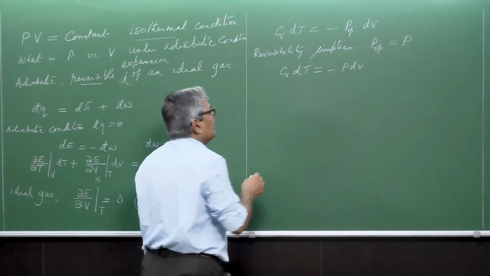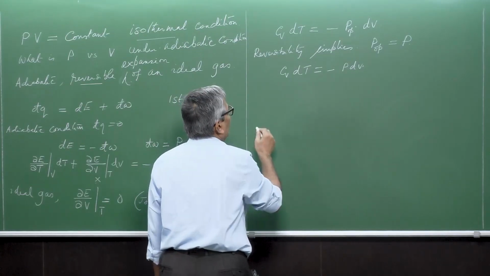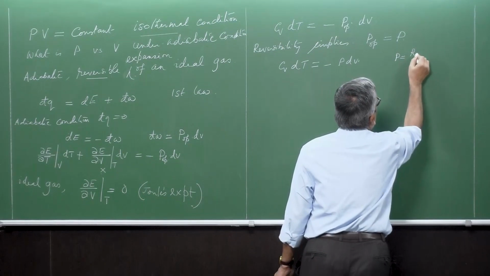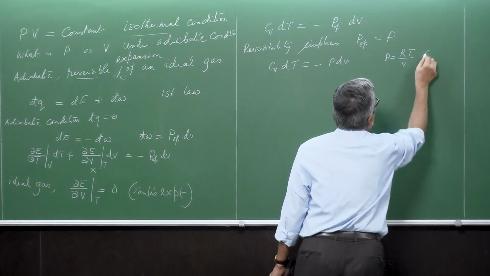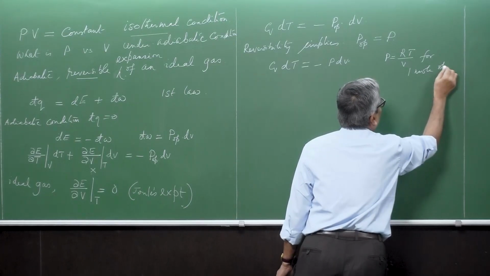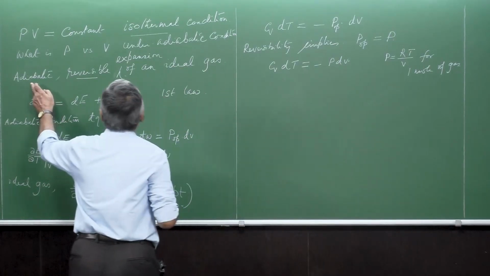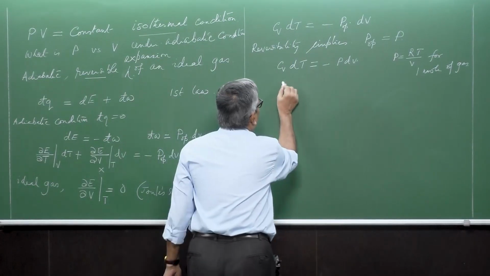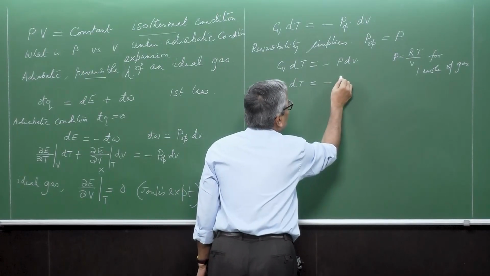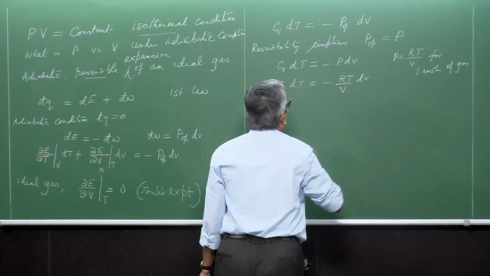And P I can replace because the gas is ideal: I can write P equal to RT by V for 1 mole of ideal gas. So all these conditions are being fulfilled here, and what I can write is Cv dT equal to minus RT by V times dV.